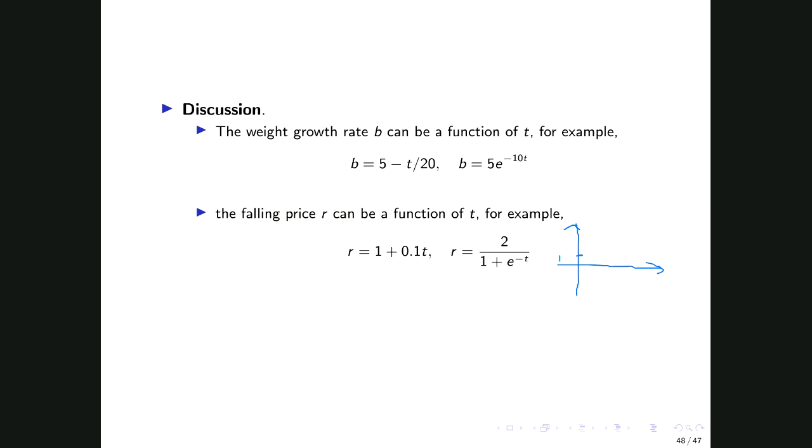When t approaches infinity, e to the negative power approaches 0, so this function approaches 2. So the graph of this function looks like this, which means the falling price increases over time, but at most just 2 cents. I think this second function could make more sense than the first one.